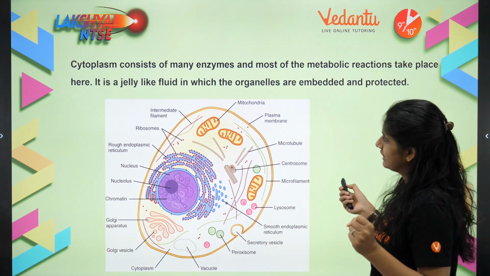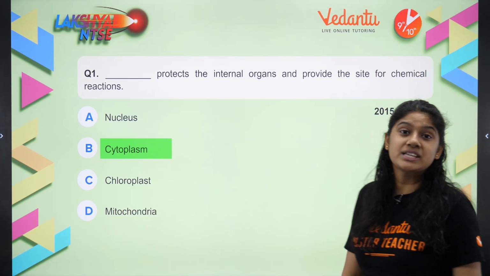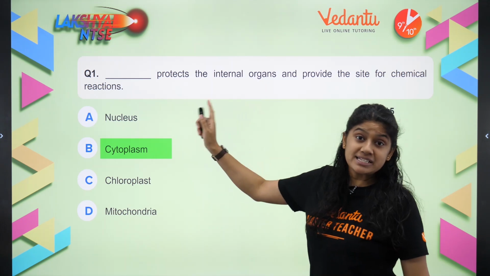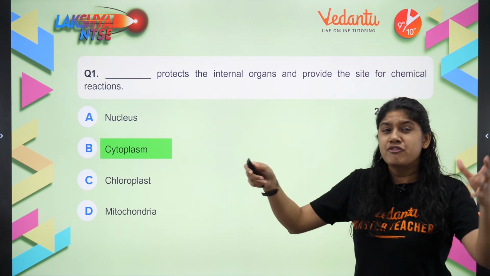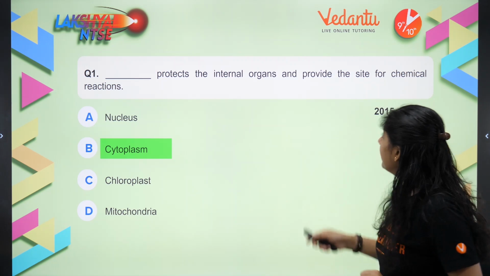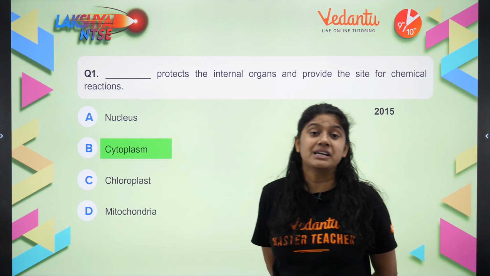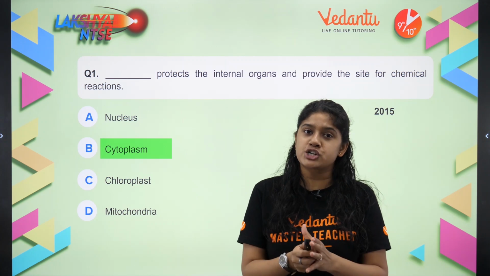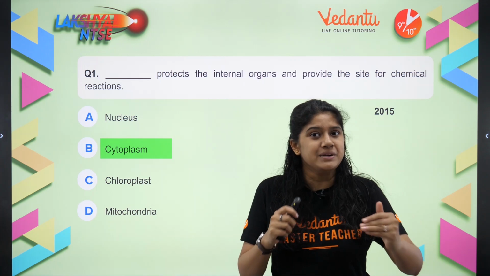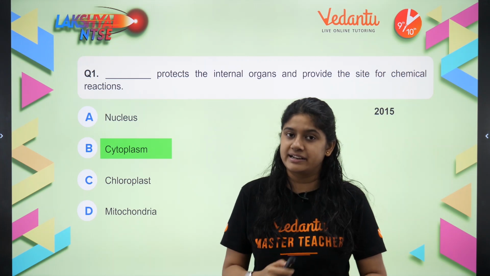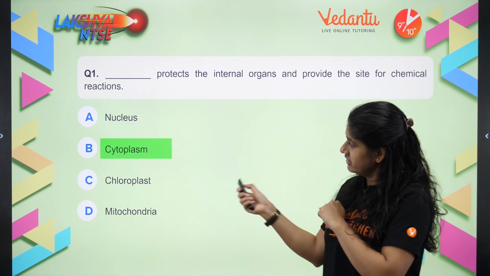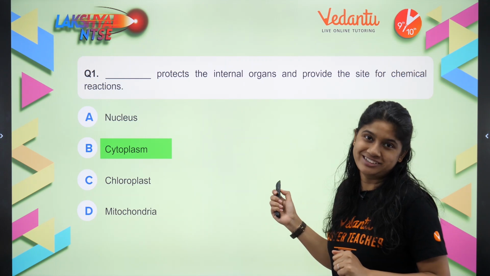Remember that. The cytoplasm protects the internal organs because it acts like a cushion and provides a site for chemical reactions also. In the cytoplasm, a lot of chemical reactions happen simultaneously so that the cell can perform perfectly fine. Okay everyone. So after this question, let's see the other question.